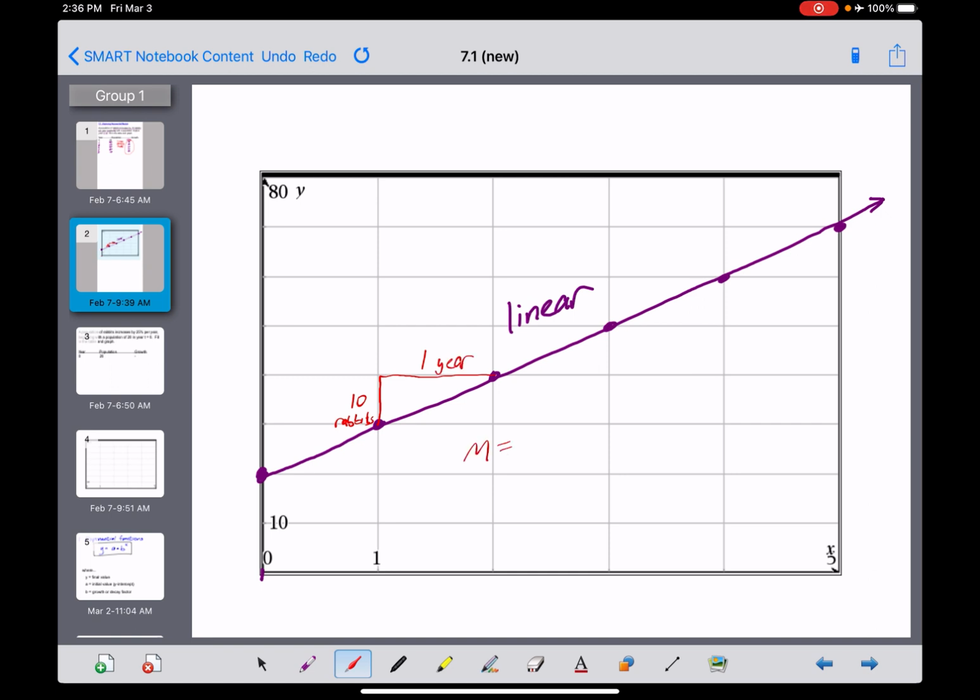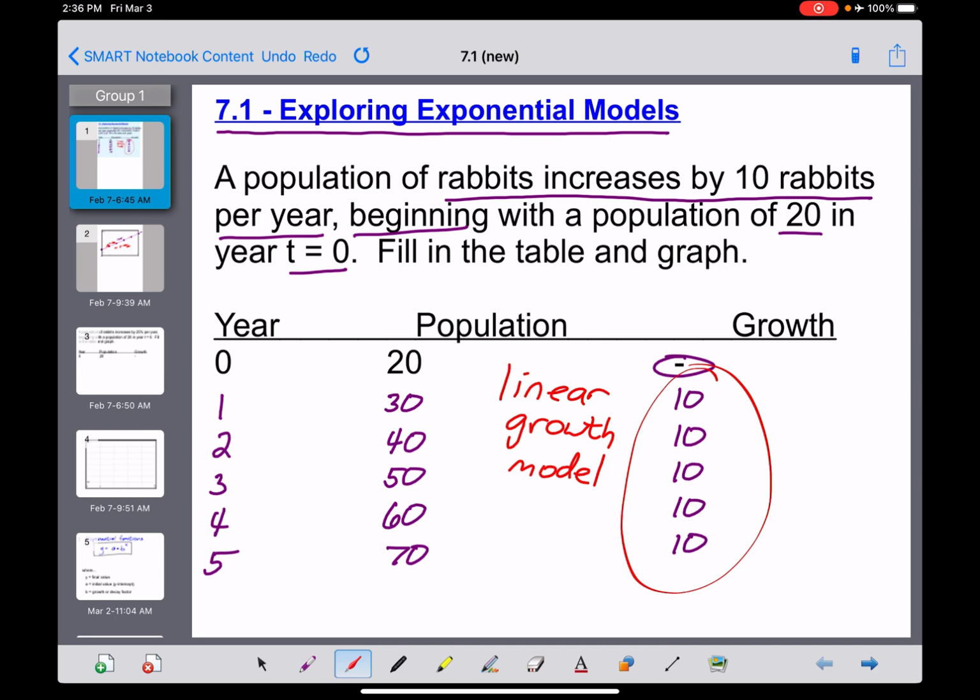So the slope of this line is going to be 10 over 1, and that would be rabbits per year. So that's what a linear growth model looks like. But I would ask you, if this is what we were dealing with here, does this seem to you like a realistic expectation for how your population of rabbits might reproduce?